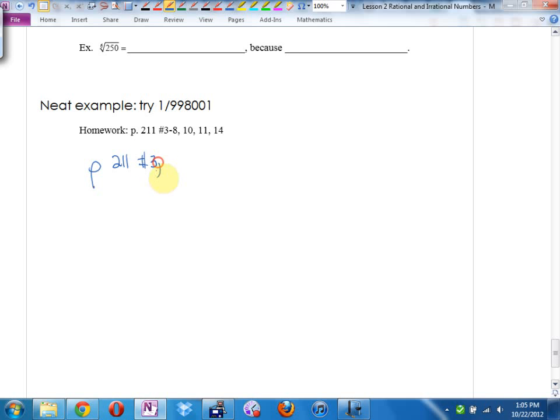Number 3, 4. Now, some of them are talking about cube roots and fourth roots. We did play with our calculators a little bit, but I'll be doing that actually in Wednesday's lesson. So if you're not sure how to handle those ones, don't freak out just yet, but I want to get you started.